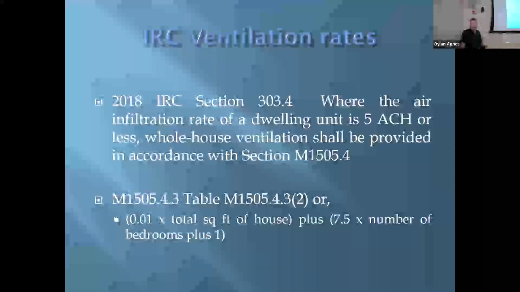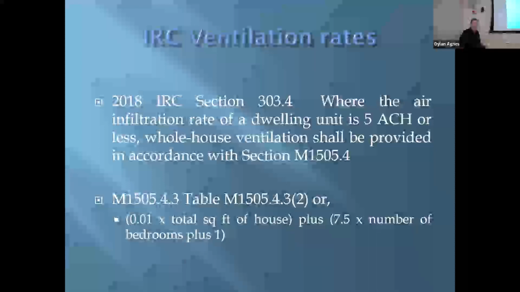The other one, for a while, we were using ASHRAE 62.2 that said we had to have 0.35 per occupant. They've changed that formula now, and it's basically 1% of the square footage of the house plus an extra 7.5 CFM times the number of bedrooms plus one.